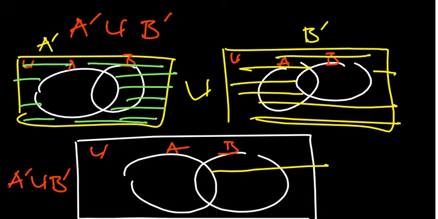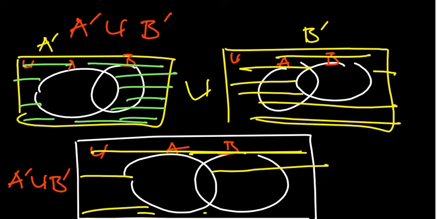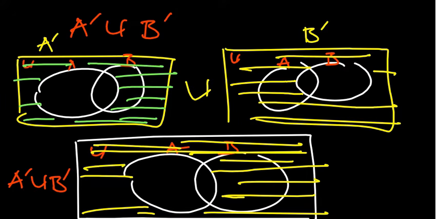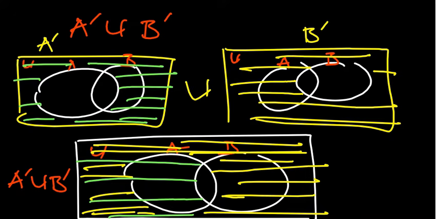It's the region outside A. That is my A complement. And then I'll shade my B complement, outside B. So we're noticing that there's only a single region that is unshaded, which is in between, which is A intersection B.